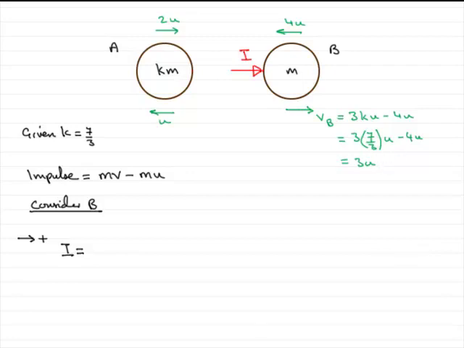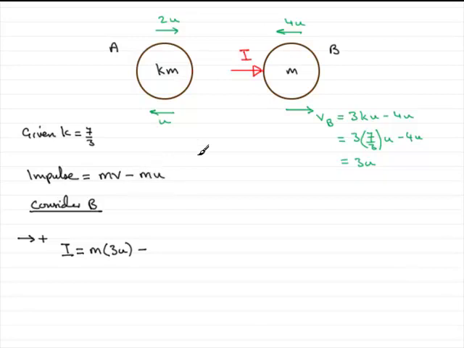Alright, so when it comes to the final momentum, mass times velocity, the mass is m and the final velocity is 3u, and it is in the positive sense. So we've got mass times 3u. Then we've got to subtract the initial momentum. So put the minus in and we look at the initial momentum.